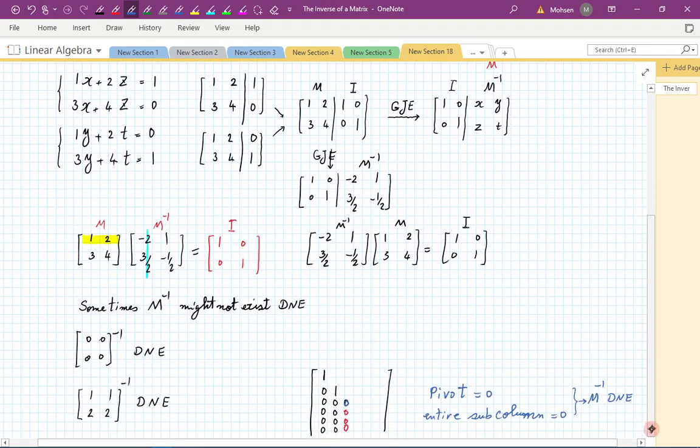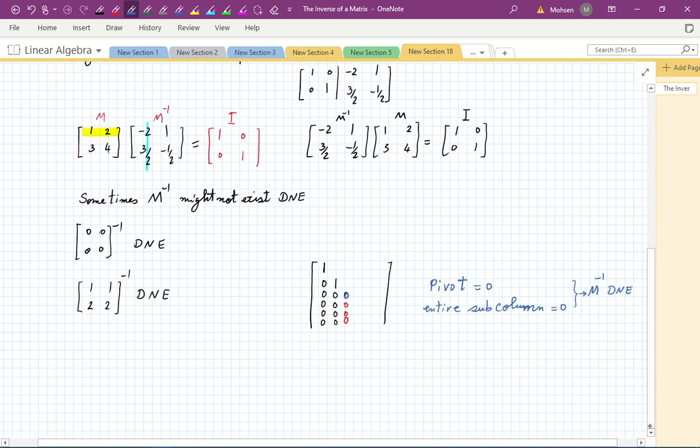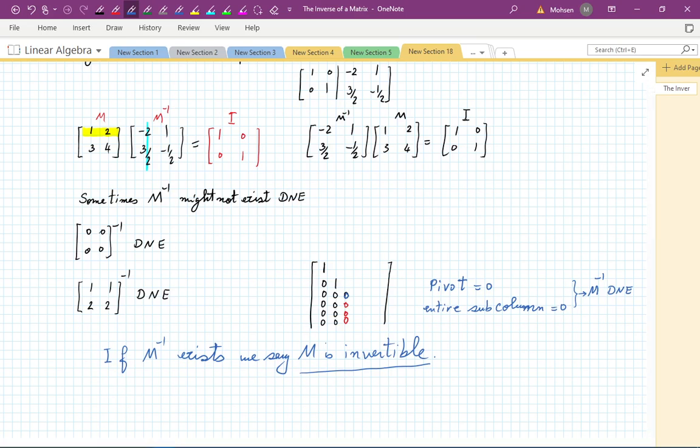So sometimes M inverse does not exist. Well, then we had better have a flag that separates one group from the other. So we say if M inverse exists, we say M is invertible. Okay, M is invertible. That's a word you want to get used to, and it's going to be there constantly in a variety of problems that we're going to look at.